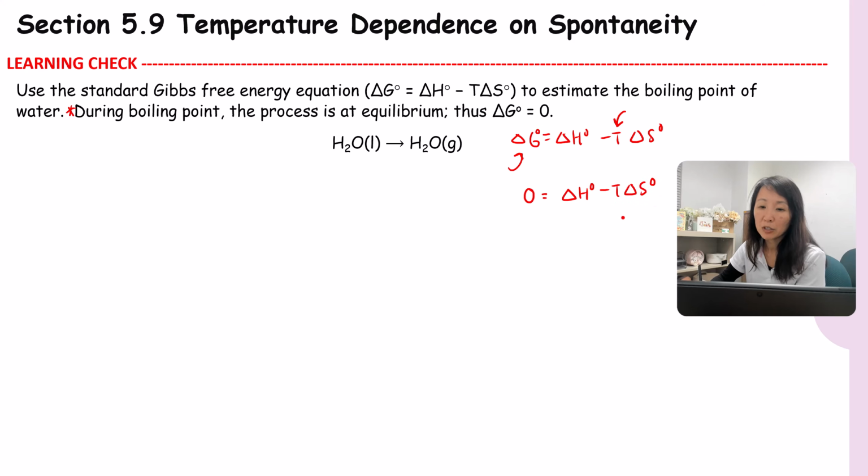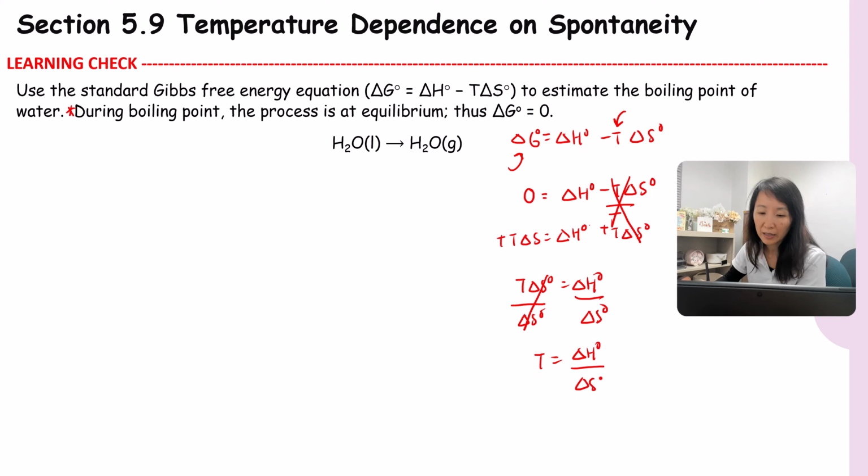If I'm solving for T, let's go ahead and solve for T. We're going to add T delta S to both sides, then this will cancel out. So we have T delta S naught equals delta H, divide by delta S naught on both sides. So these cancel out. T is equal to delta H over delta S naught.